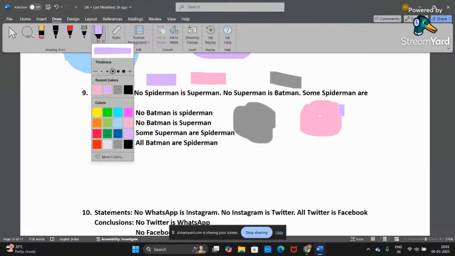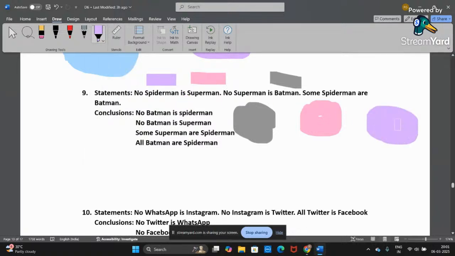Okay. No Spider-Man is Superman. So I have written it separately. Okay. No Superman is Batman. So even here I have written separately. Some Spider-Man are Batman. Okay. Now this diagram is correct.